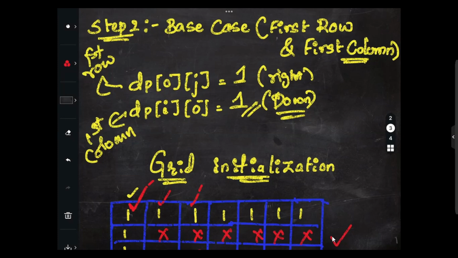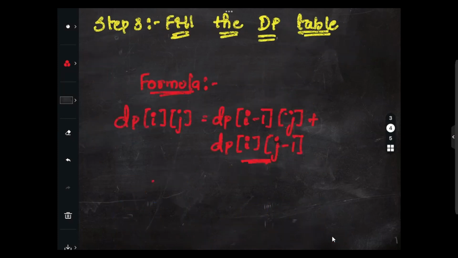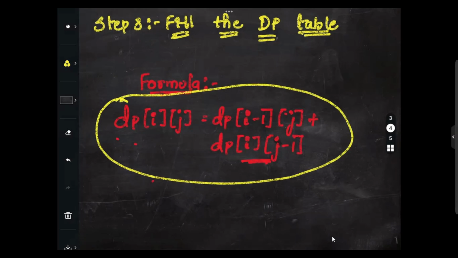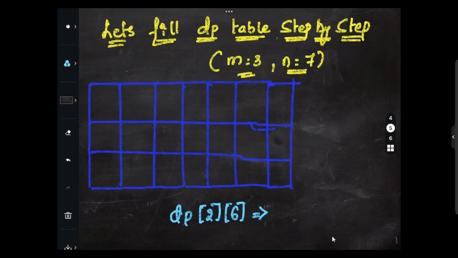So we can make use of this formula: dp of i,j equals dp of i minus 1,j plus dp of i,j minus 1. Just keep this in mind. We'll use the same formula to fill the DP table, so this will be easy.